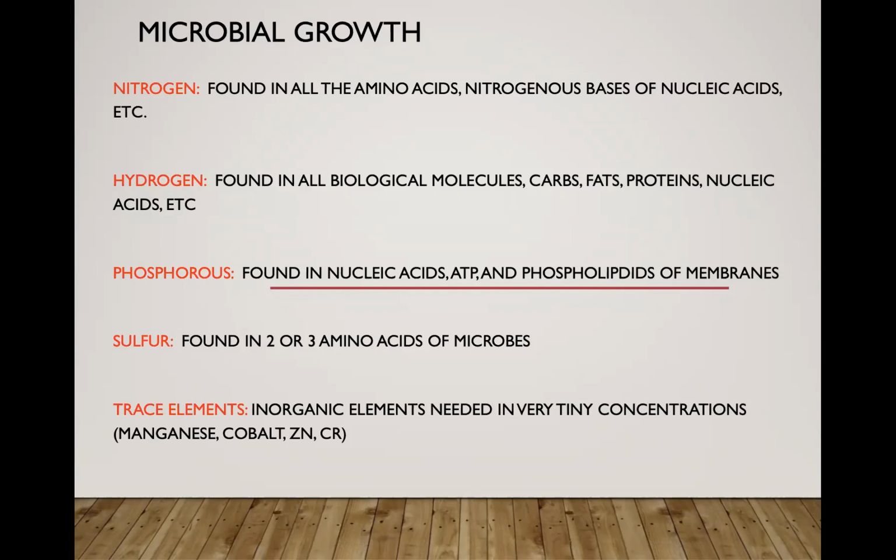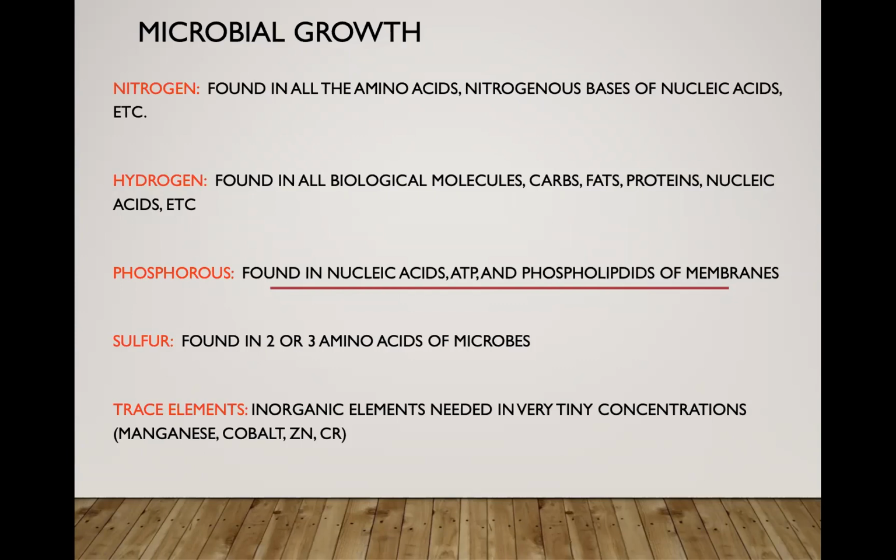Phosphorus is found in our nucleic acids, in ATP, which is our source of energy, and in phospholipids, which make up the major structure of the cell membrane. Phosphorus is absolutely essential for microbial growth. Sulfur we find on some of the side chains of amino acids, so for organisms that require those amino acids, you're going to find sulfur.